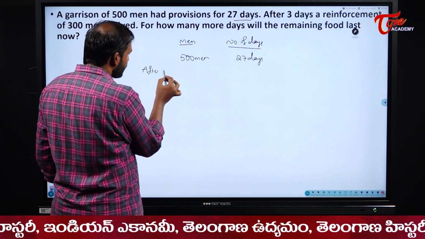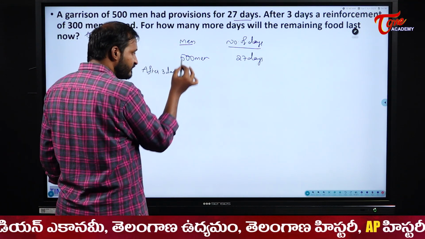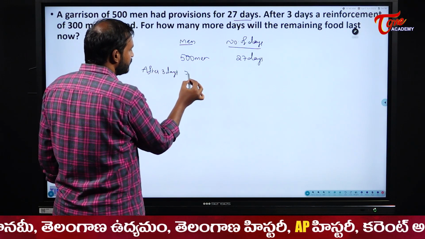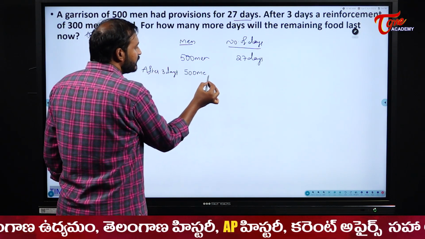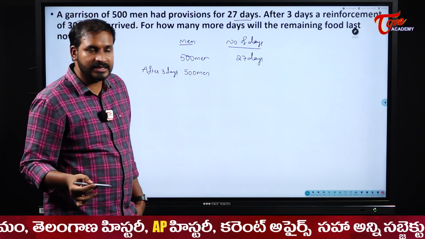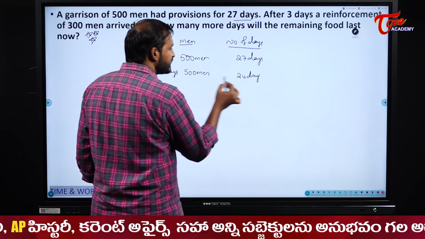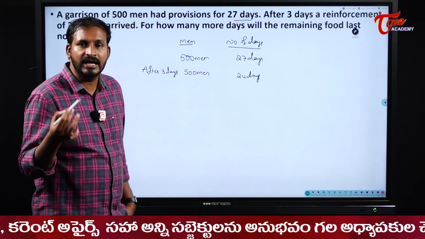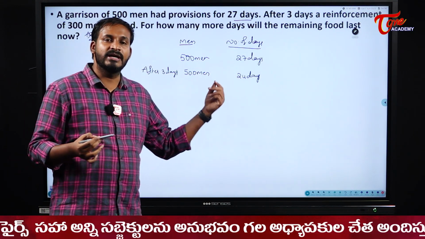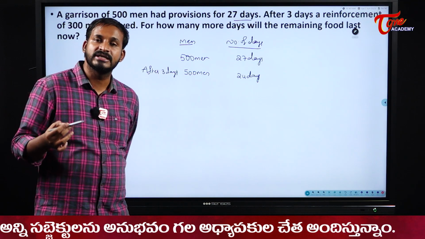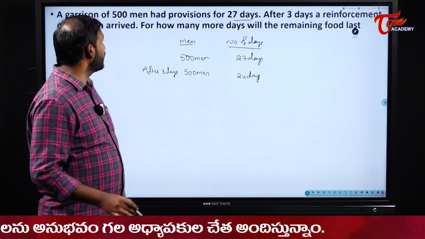After 3 days, if we have the same 500 men, the food will be left for how many more days? The food will be left for 24 more days. If there is no change in the number of men, that is, for 500 men, the food will be left for 24 days.